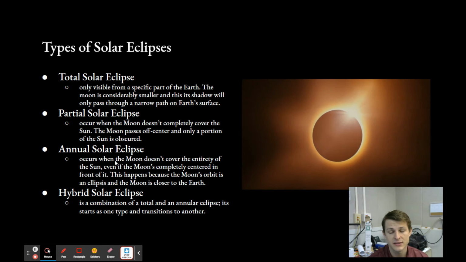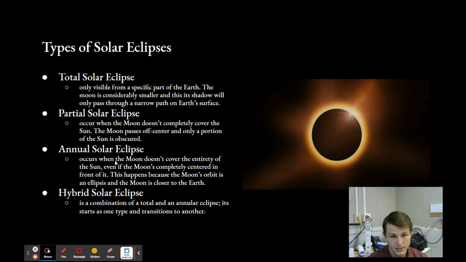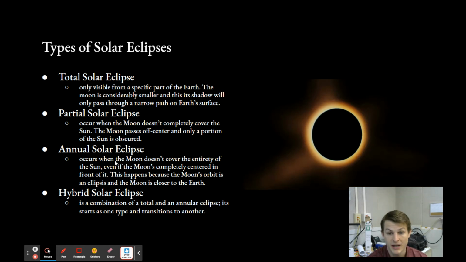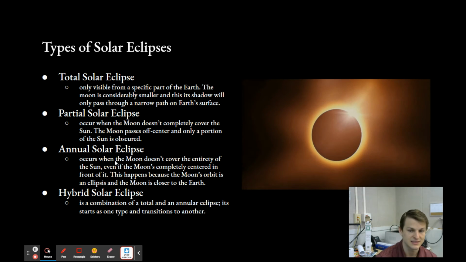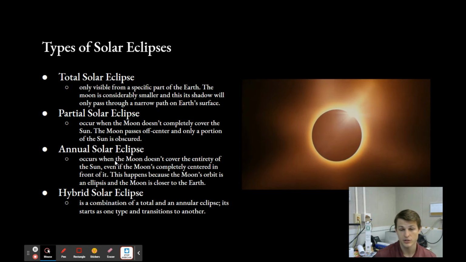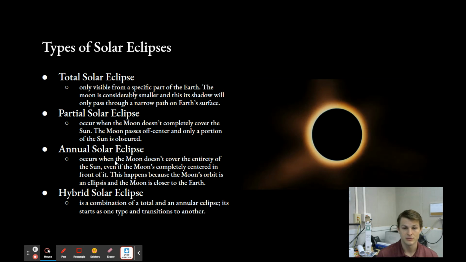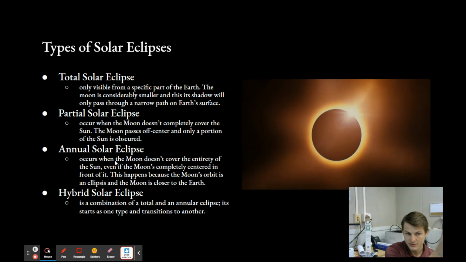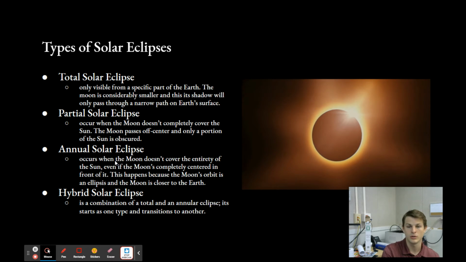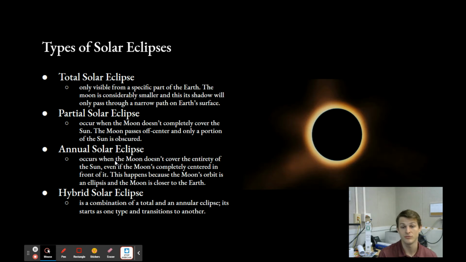In this case, the moon is on the same side as the sun. So this occurs during a new moon stage, whereas the lunar eclipses occur during a full moon stage, right? Instead of it being sun, Earth, moon during a full moon stage, it is sun, moon, Earth. So this occurs during a new moon phase.